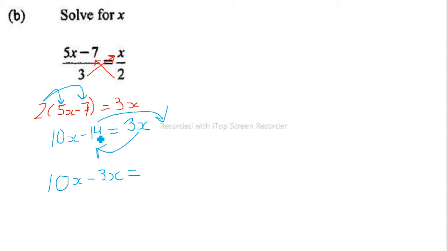The negative 14 is going to be positive 14 on this side. What is 10 minus 3? 7x. Very good. You're left with 7x is equal to 14.